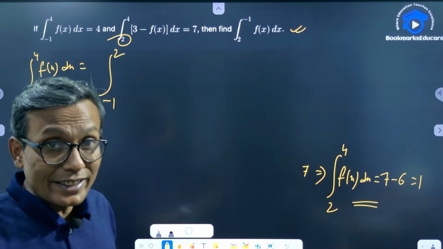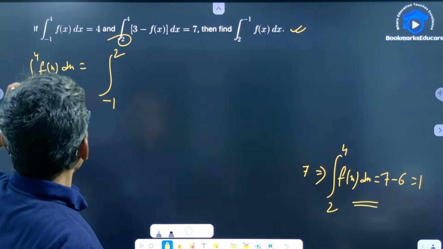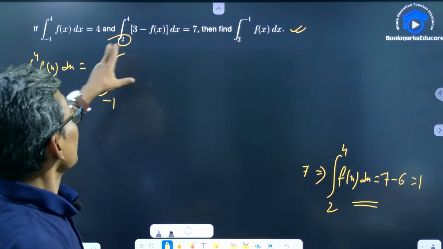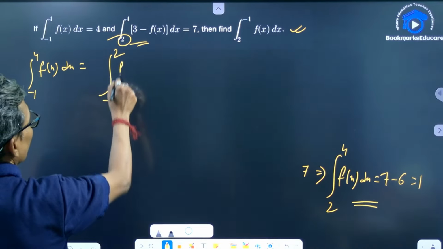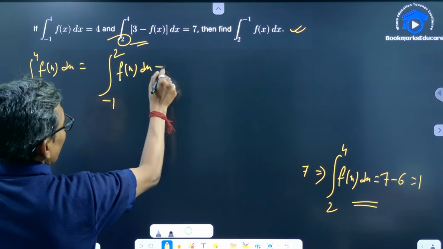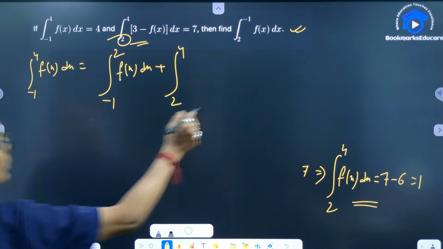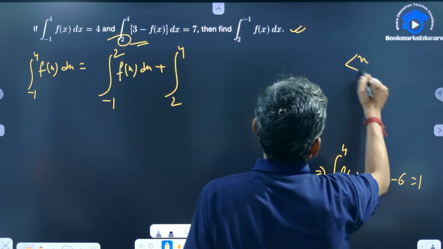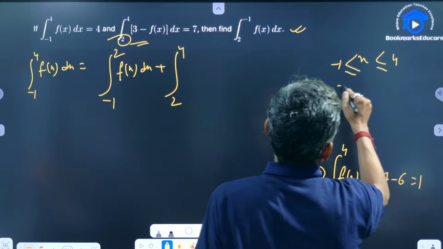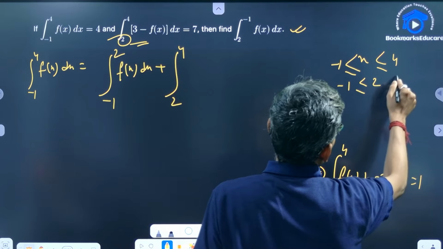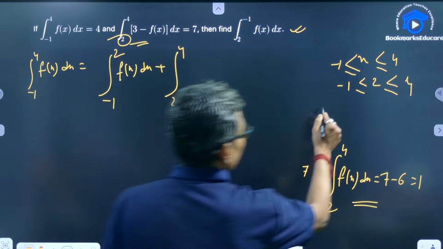That is why we are taking 2 as a desirable value between minus 1 and 4, because in the question 2 is given. So f of x dx plus 2 to 4, since x is greater than minus 1 and less than 4, I can say 2 also lies between them. Okay, so that is why we split it like this.